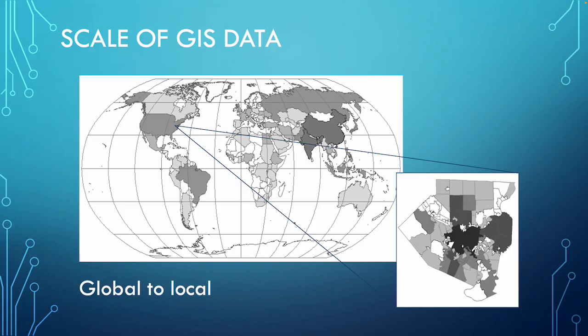Thinking about how to analyze your data and what scale is appropriate is going to be an important part of the questions when you're designing your project. There are great questions that you can answer at a national scale. Do we see differences across our country in educational level, something like that?